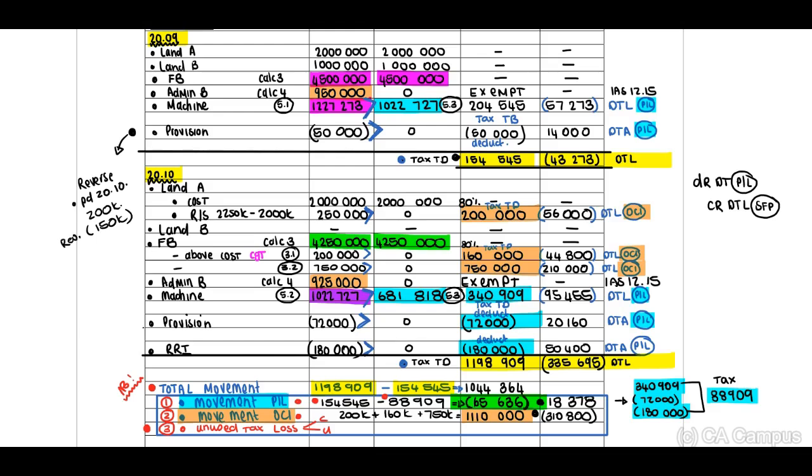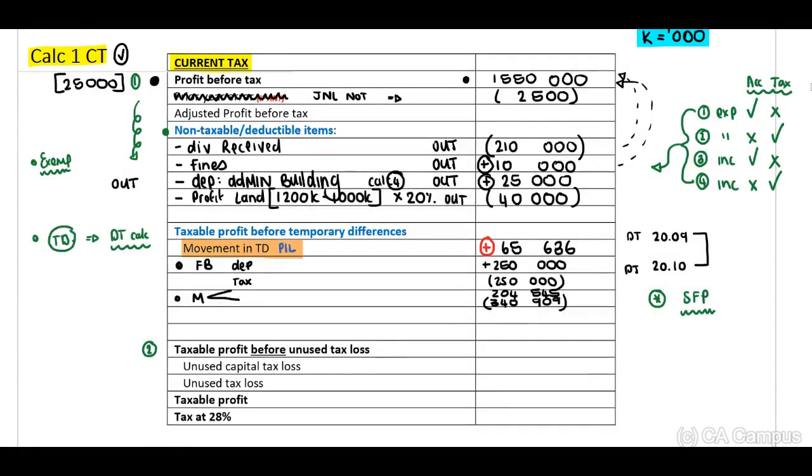Okay? Therefore, in our current tax calculation, in terms of our repairs, you think about this, guys. For 2009, we've debited the expense, we credit our provision for 50,000. Now, in 2010, we debit the expense with a 150, the remaining portion.